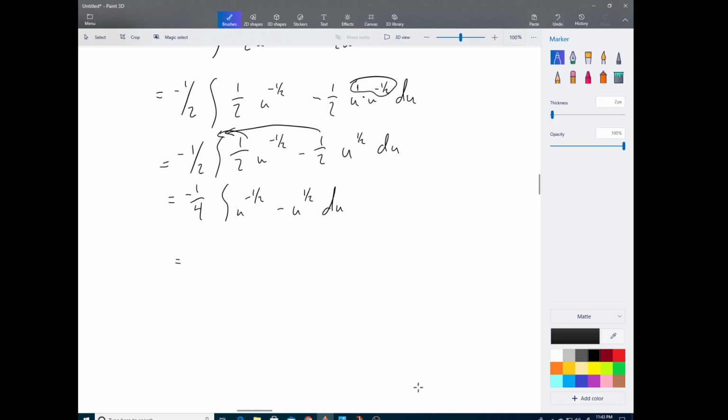So, let's see. Add 1 to the power, multiply by the reciprocal out in front. Add 1 to the power, multiply by the reciprocal out in front. And because it's an indefinite integral, include your plus c.